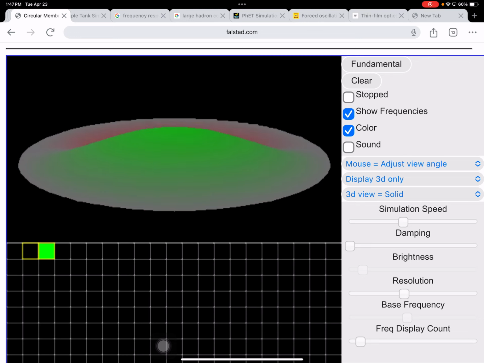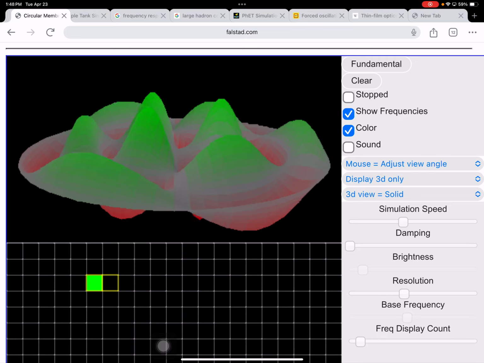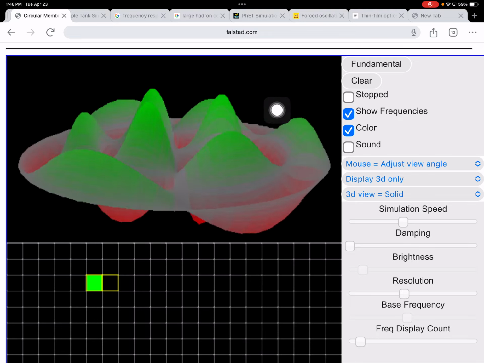And so on. All right, so for a circular membrane, the modes of vibration do not form a harmonic series. There's a famous problem. The question is, can you guess the shape of the drum head by listening to the music?